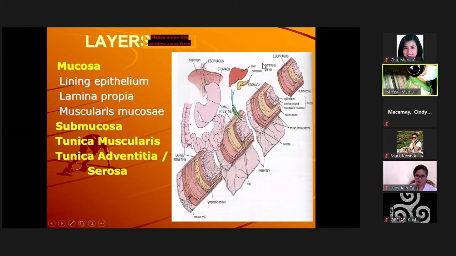And then next one would be submucosa. After submucosa, you have tunica muscularis or muscularis externa, and then either tunica serosa, if it is covered by your peritoneum, so it is serosa. If it's not, then tunica adventitia.